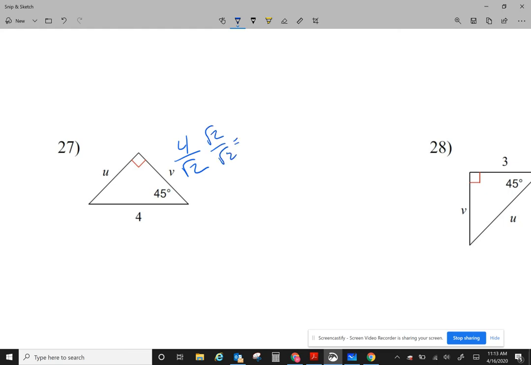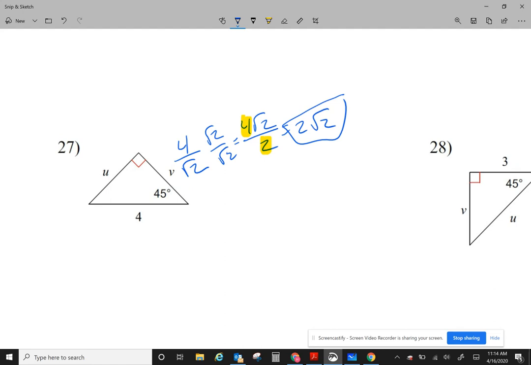I'm going to multiply by radical 2. So I have 4 radical 2 over 2. If you notice, those two can be simplified, right? 4 divided by 2, I get 2 radical 2. Right? 4 divided by 2 gave me 2. So that's v, 2 radical 2.